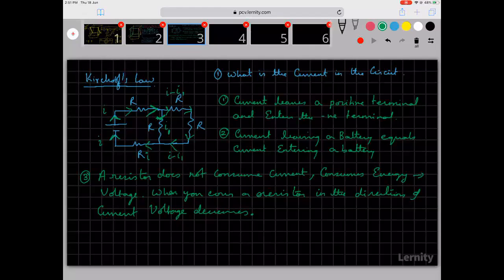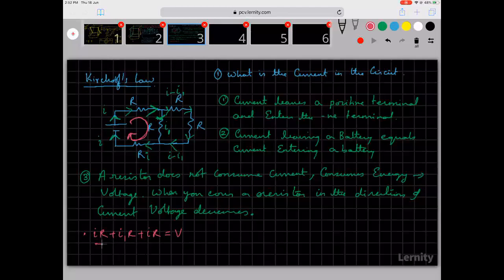Now I have loops. I have one loop here. In this loop, I am going to apply Kirchhoff's law. If I apply Kirchhoff's law, the loss is I into R plus I1 into R plus I into R, which is equal to V in this particular loop.